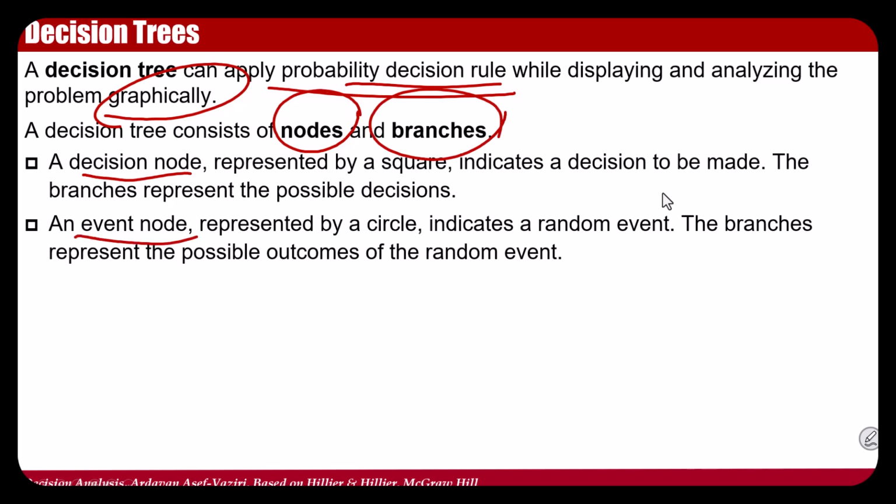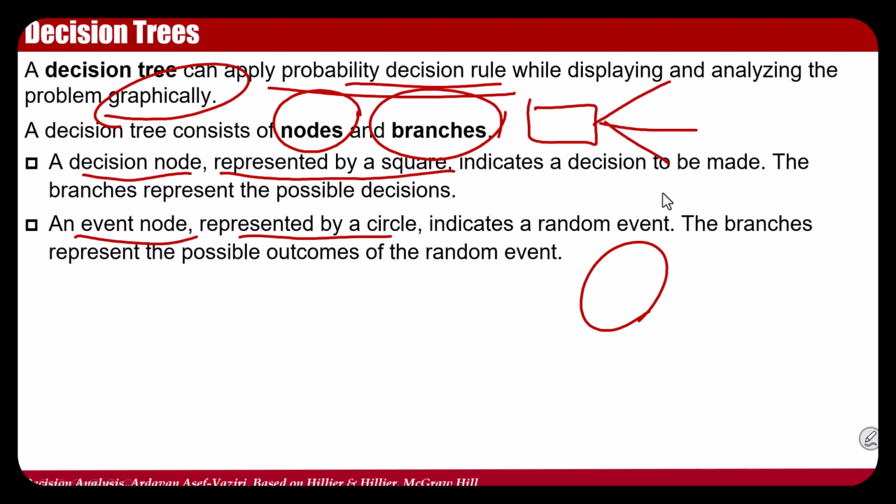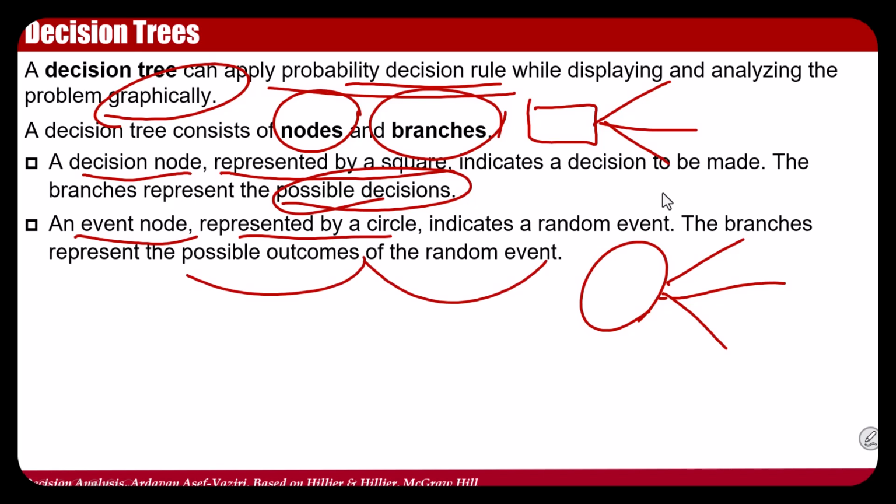A decision node is represented by a square, and an event node is represented by a circle. Branches going out of a decision node represent possible decisions. Branches going out of an event node represent possible outcomes of that random event.